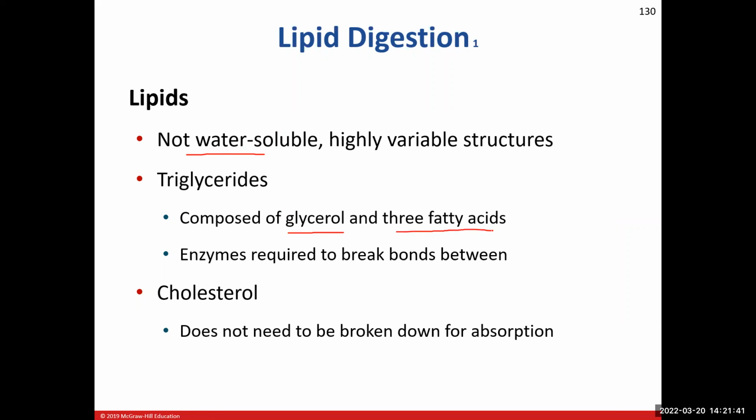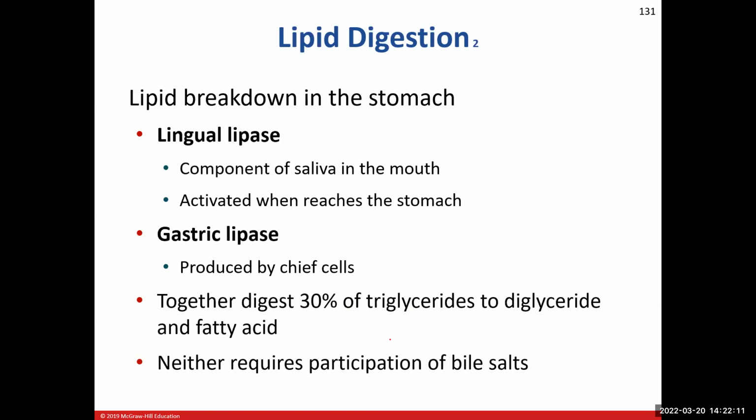So we are going to have enzymes that are going to break the bonds between the glycerol backbone and the fatty acid chains there. Now, the nice thing about cholesterol is we don't need it to be broken down for absorption, depending on what your dietary intake is. And I do talk about this in another video, and will determine how much cholesterol your body makes versus how much is ingested there. And you'll know what I mean when you watch that other video.